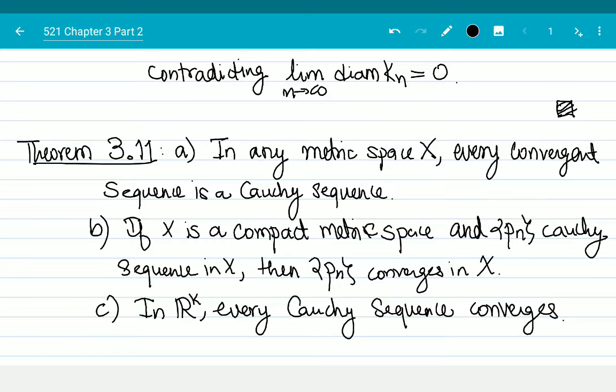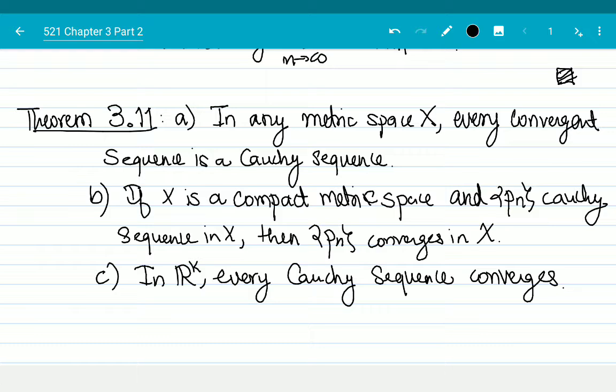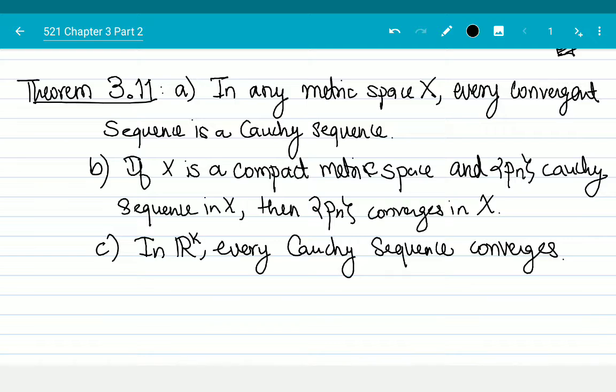Okay. Now, it might seem slightly redundant to have a definition of a Cauchy sequence when you have a convergent sequence, because if everything after an n is within an epsilon ball, then it should converge, right?